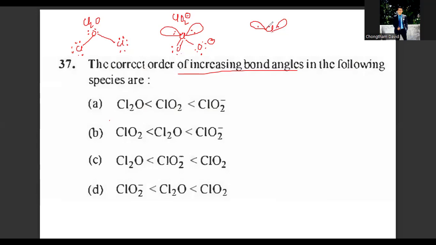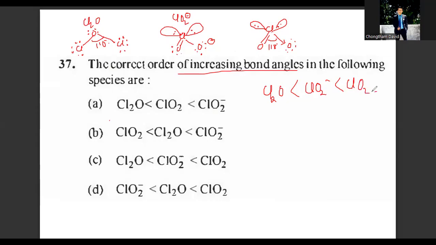Chlorine has two lone pairs of electrons. Then write oxygen with a coordinate bond. A multiple bond is treated as a single bond for geometry. So this must have a bond angle of 110. If you arrange this, the correct order of increasing bond angle would be Cl2O, followed by ClO2 minus, then ClO2.